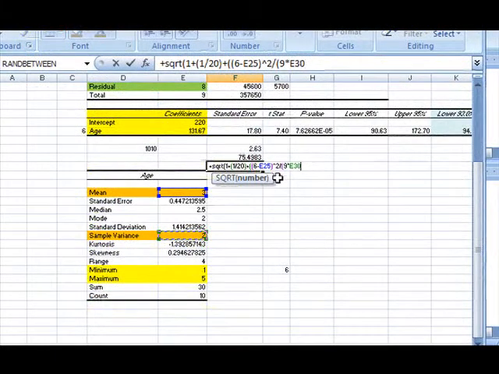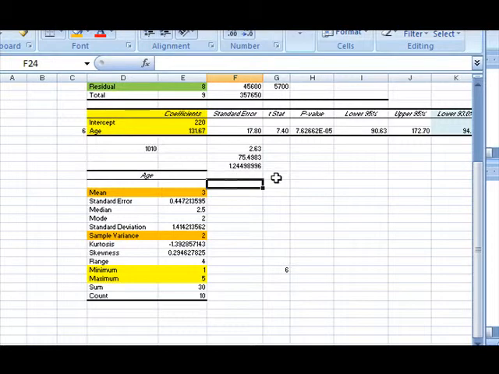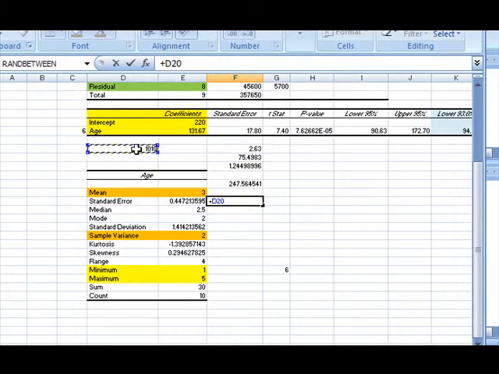Okay, and because it's a simple regression, that's all we do. And then we get the multiplication of all that, t times SE times the square root, and that minus this, that plus this.